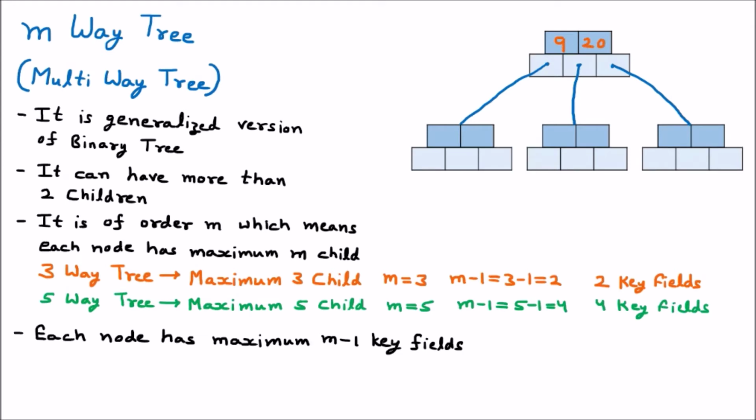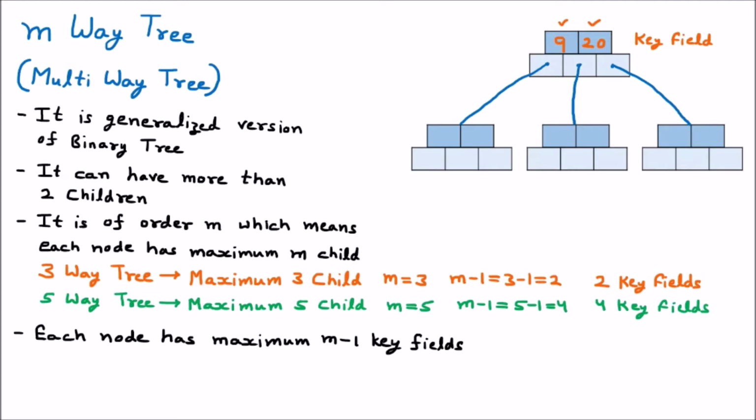These two values which I have stored in the blocks are called the key fields. So if I talk about one of the nodes, these are the 2 key fields. You can see this is one key field, this is the other key field.